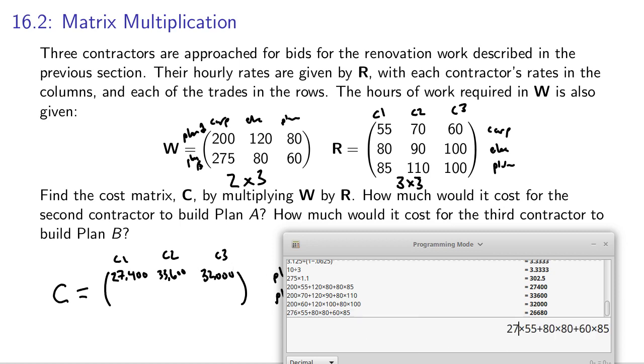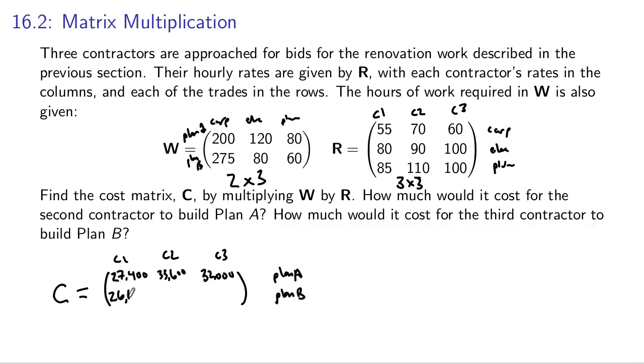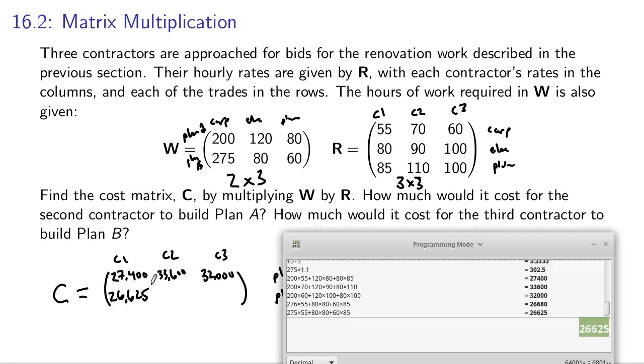Let's fix that. 26,625. Now we take second row of W, second column of R, 80 times 90 plus 60 times 110, 33,050.